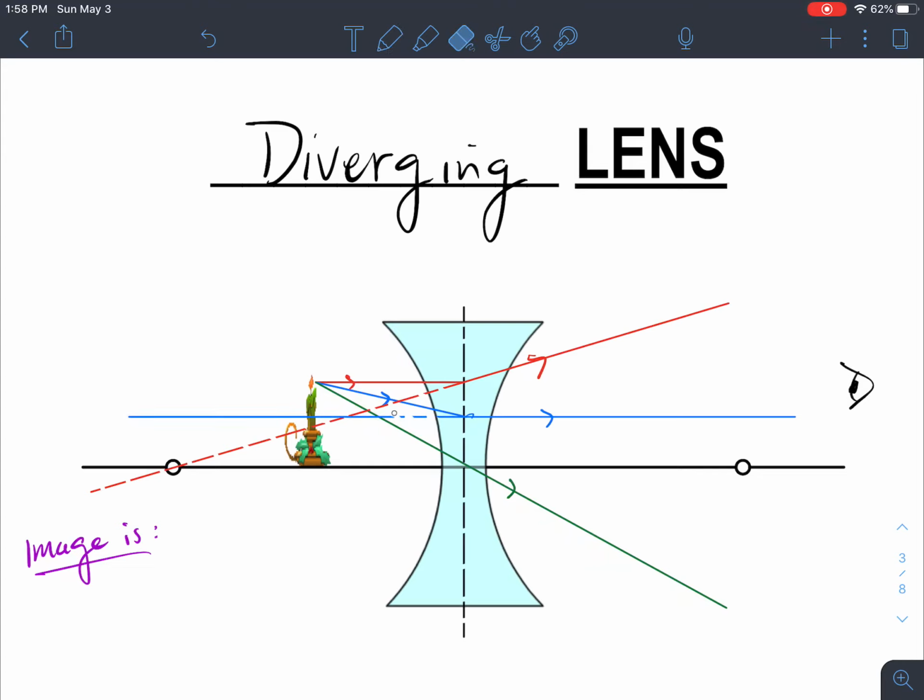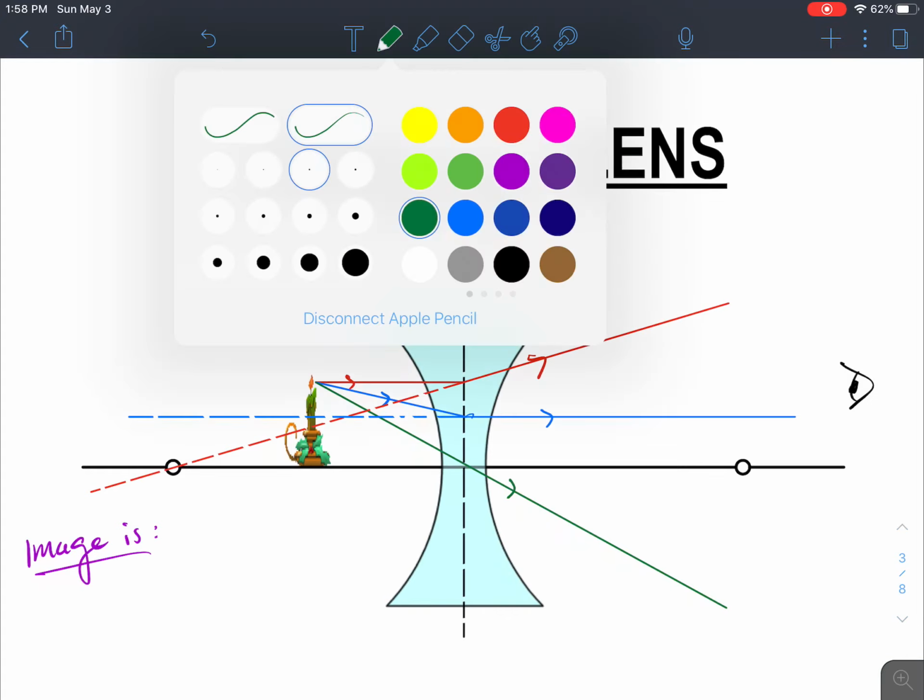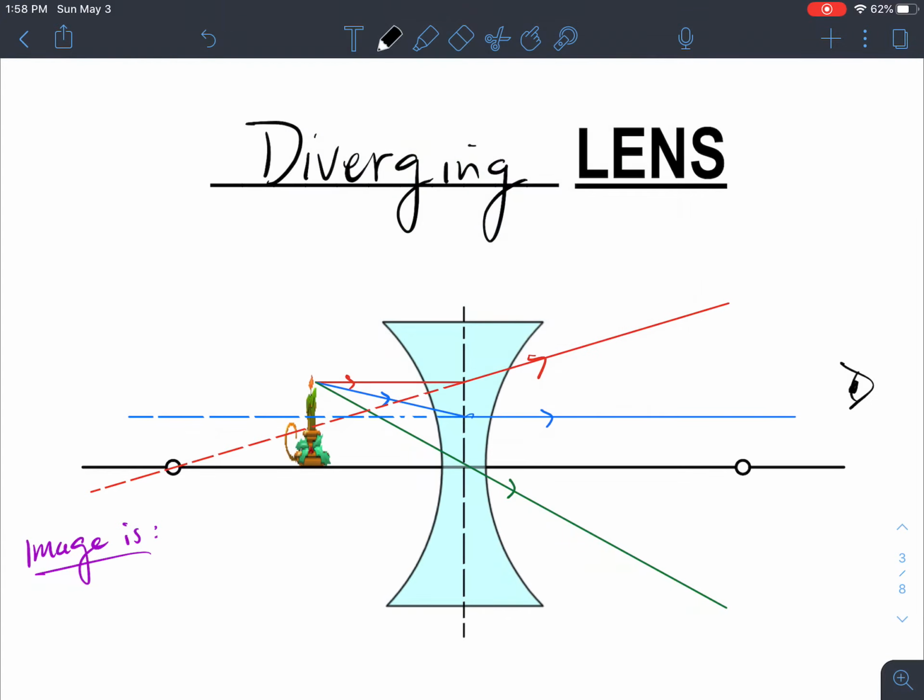This is also a virtual ray. We can see that there is some convergence happening here. And just for good measure, I'm going to backtrace with the green one. Even though the light ray is a straight line, I'm still going to make little marks here so that we can say, yes, there is a virtual ray going backwards.